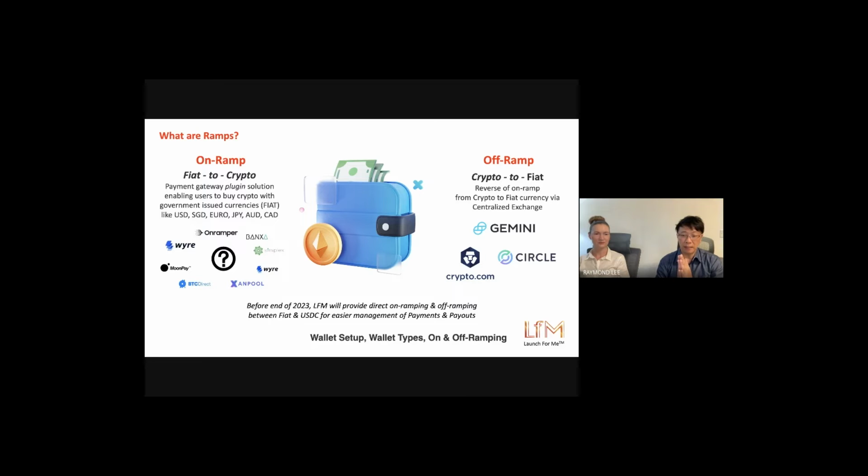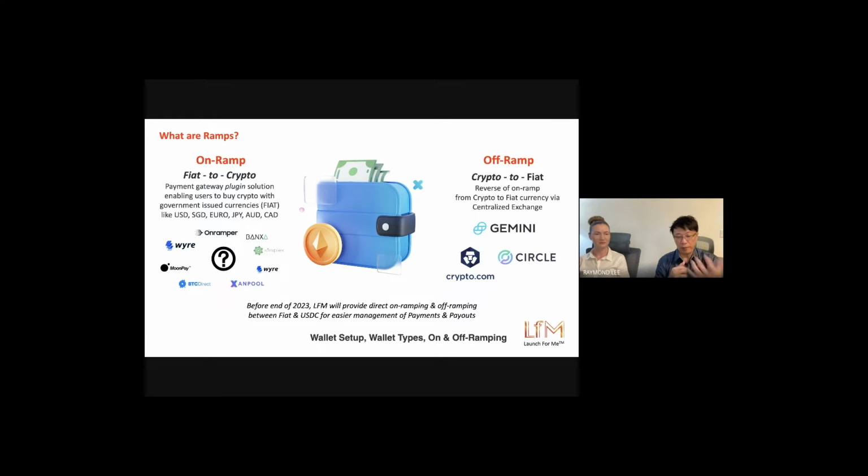Circle is what I mentioned earlier, where we will eventually provide the system to do the on and off ramping on our platform. If you're interested, I can give you the exact numbers of how much it costs for on-ramping with a credit card. And even for the credit card payment processors, they have different rates.